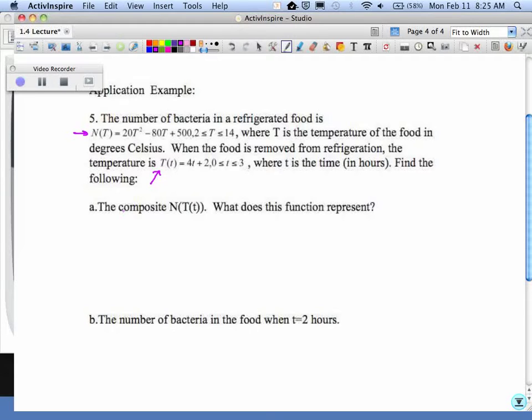But the idea is if we do a composition, we're going to take the temperature function, which is this guy, and drop it into the number of bacteria equation. So maybe I'll do red.